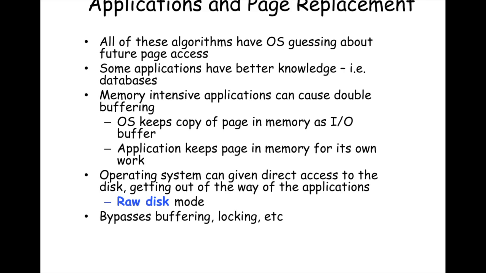And we also mentioned certain special applications are allowed direct access to the disk, such as databases, because they know best how they're going to be using memory and therefore their pages.